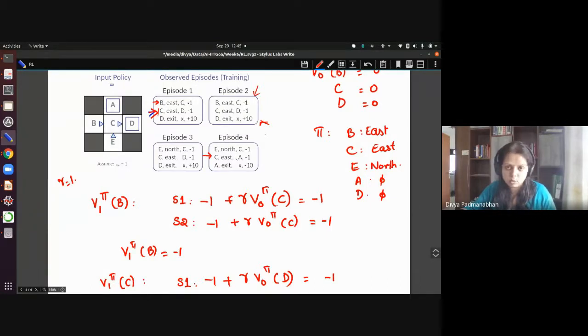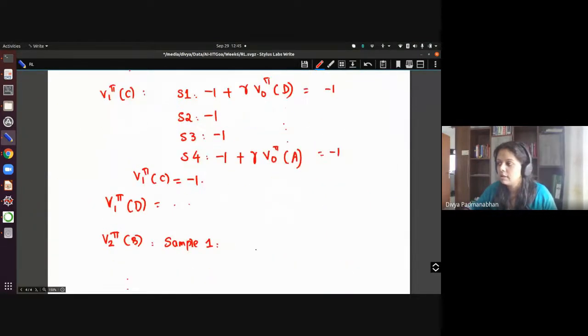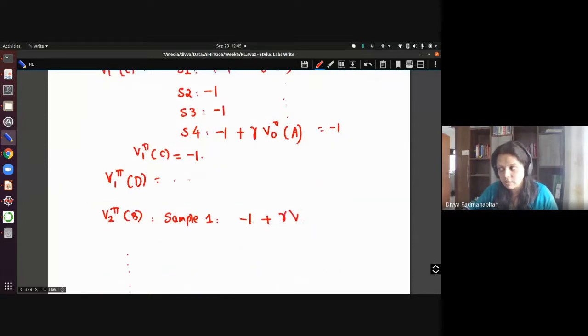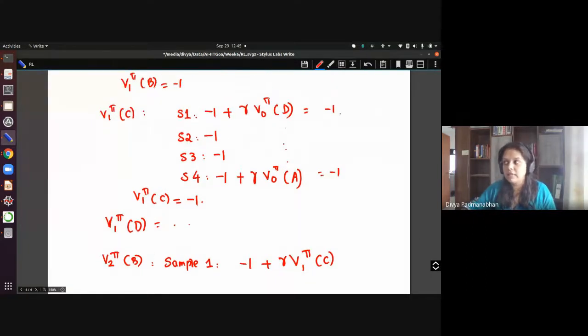First, you got -1, plus gamma times, where did we land up here? We landed up in C. So what you need to be taking is V1 pi of C, which you found as -1. So this is going to give you -2.